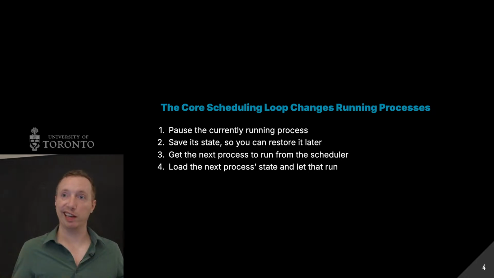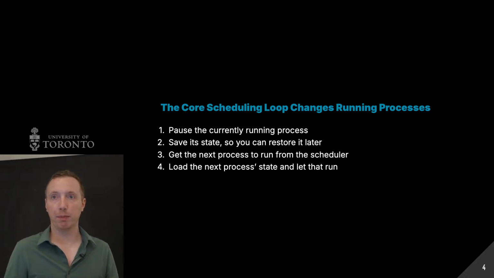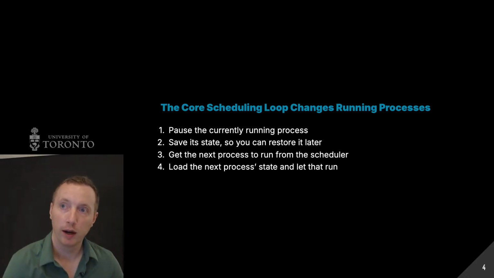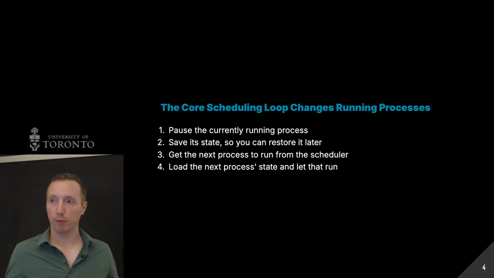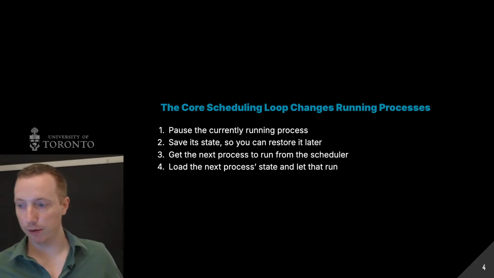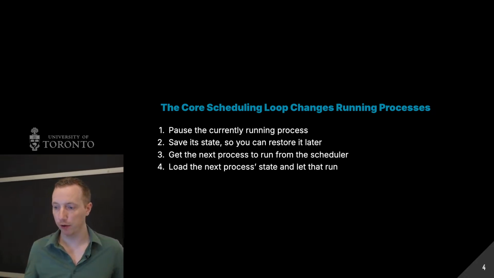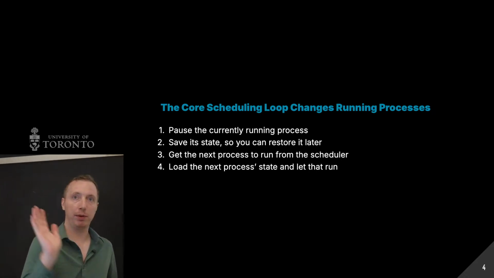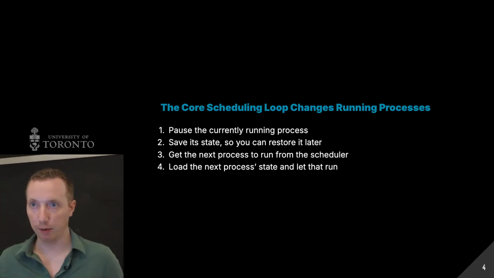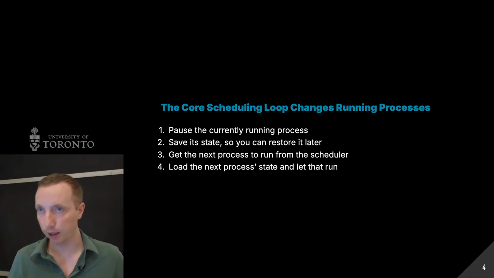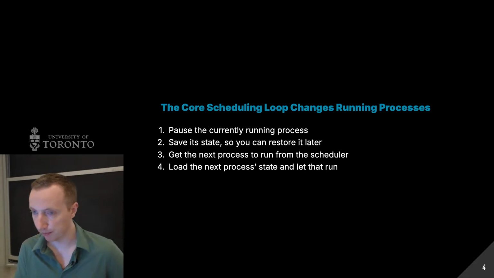I'd have to at least save its current register values. Then I get the next process to run from the scheduler. In order to run that process, I restore its registers from whenever it was put on the shelf. Then I give the CPU to that process, and it can go ahead and run until I do this again and pick a new process to run.